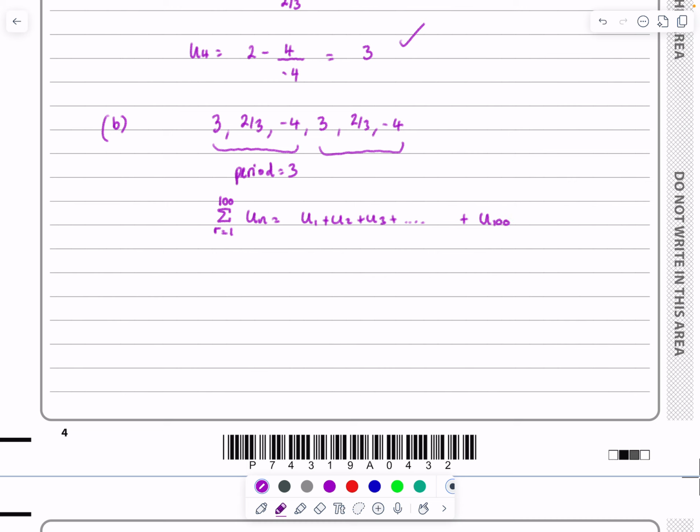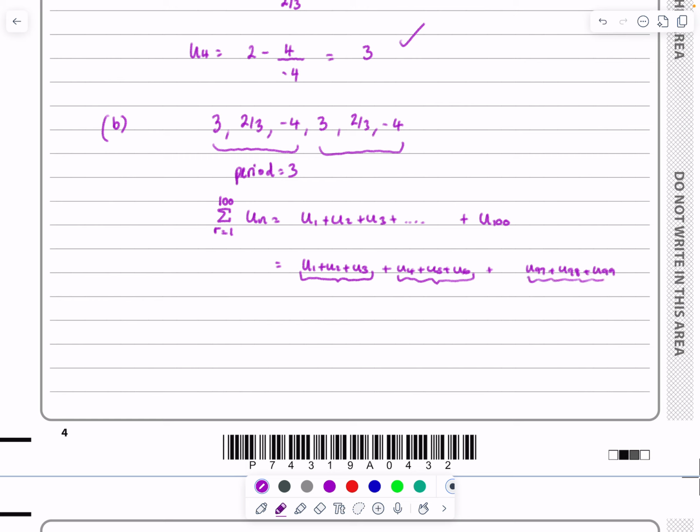Well, what I can do from that then is say that it's U1 plus U2 plus U3 plus U4 plus U5 plus U6 all the way up to U97 plus U98 plus U99.